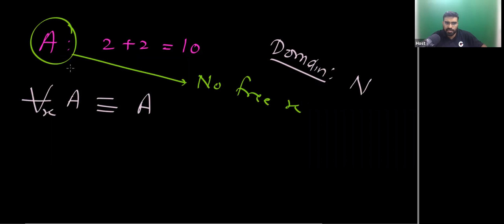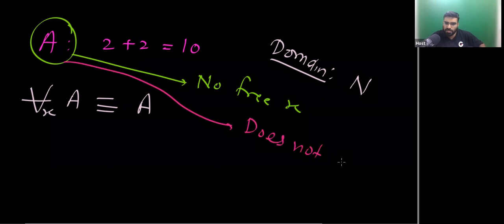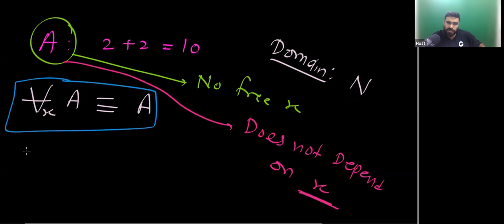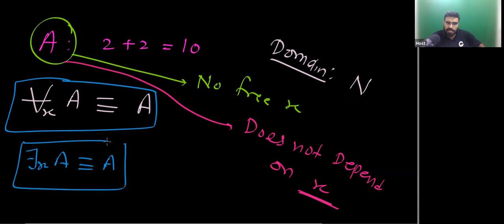This a has nothing to do with x. Independent of x. So that is the reason this is completely unaffected by the quantifier for all x. This is also unaffected by there exists x.